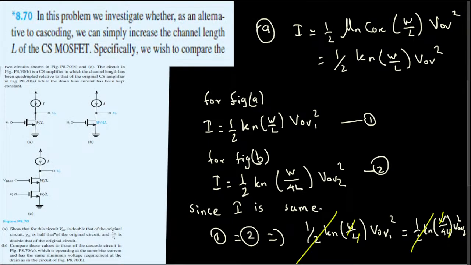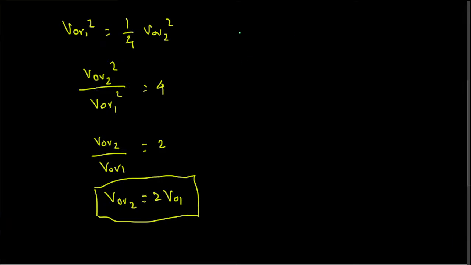Here, show that for the circuit, V overdrive is double that of the original circuit. And the next part, we had to show that gm is half the value of the original circuit. Okay, so let's do it for gm right now.